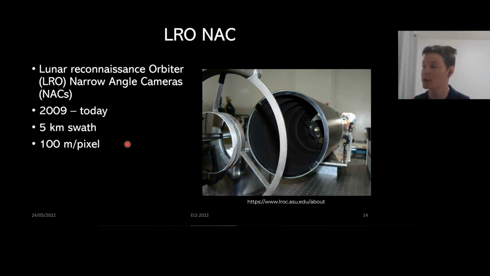But the photometric processing actually consists of 3 main steps. So first, stereo pairs of NAC images are selected and map projected using ISIS. Then a DTM, or digital terrain model, is calculated using the NASA Ames Stereo Pipeline.